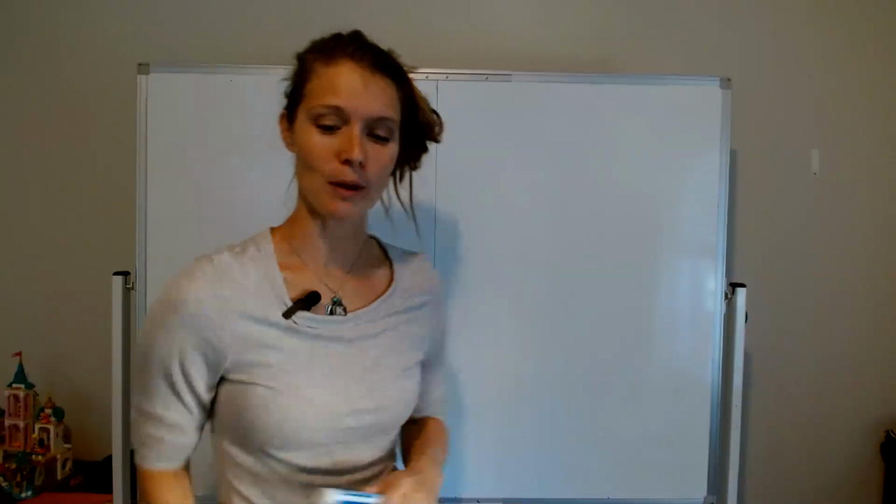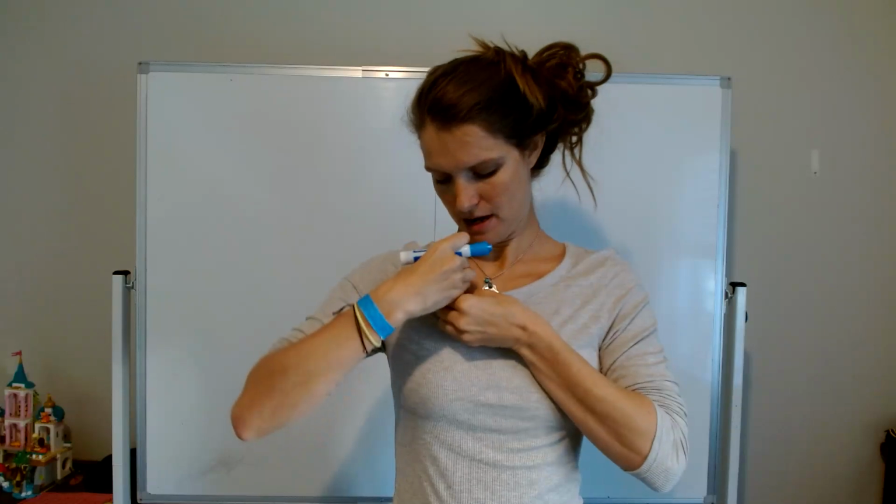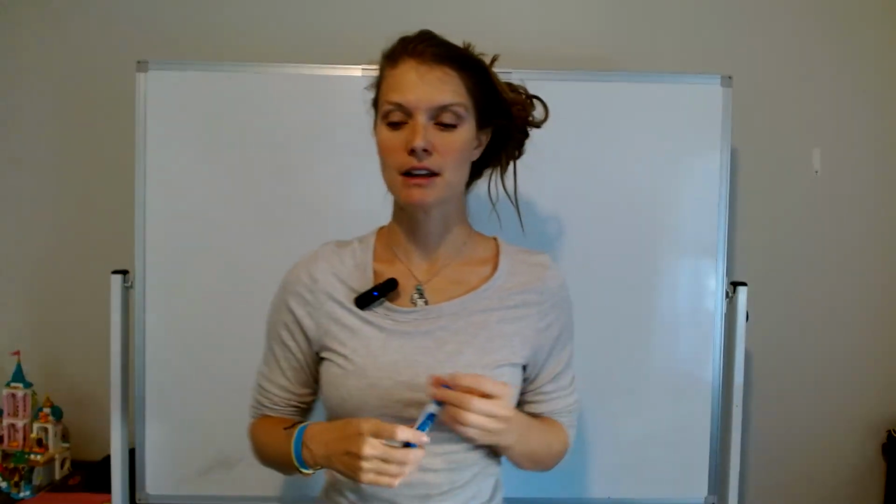So we're going to start with sex determination. In humans, we know that sex determination works so that if you're XX, you're a female, and if you're XY, you are a male. The Y determines that you're a male.